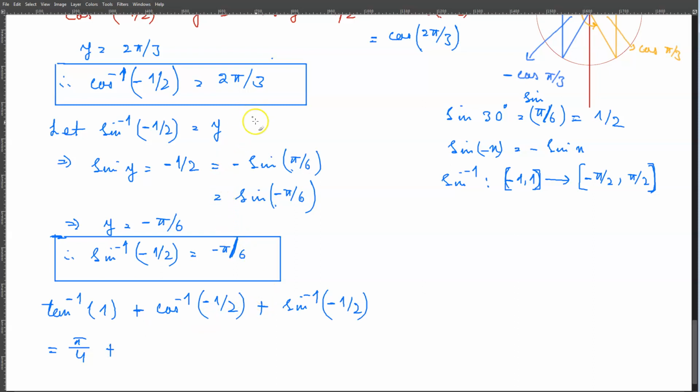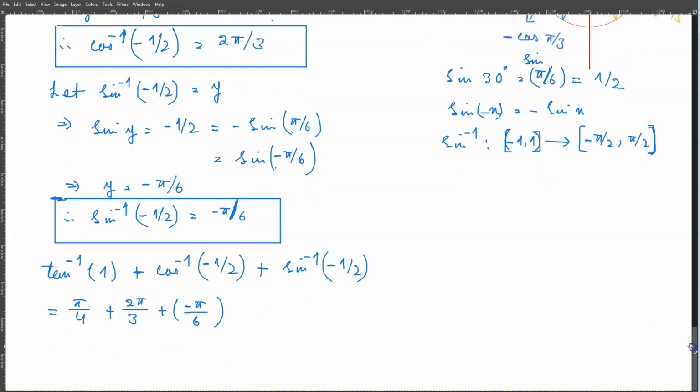Cos inverse of negative 1/2 is equal to 2 pi by 3. And sine inverse of negative 1/2 is equal to negative pi by 6. So that is equal to, take the 3 and 2, 24.